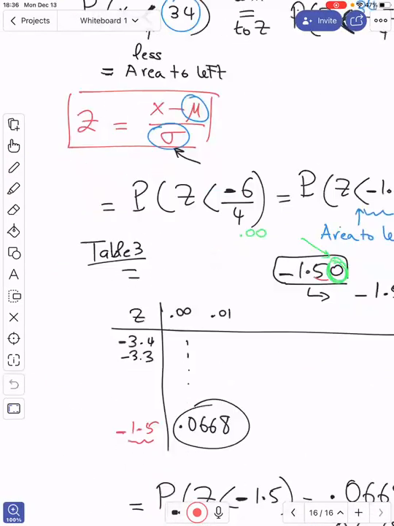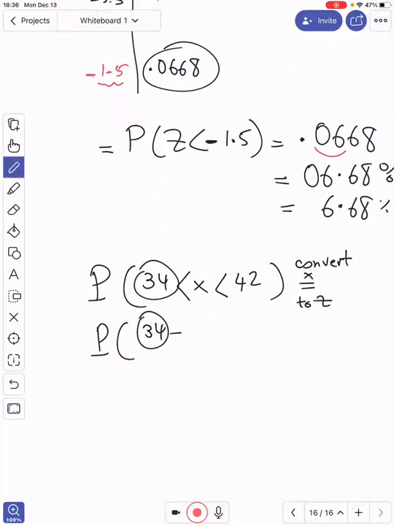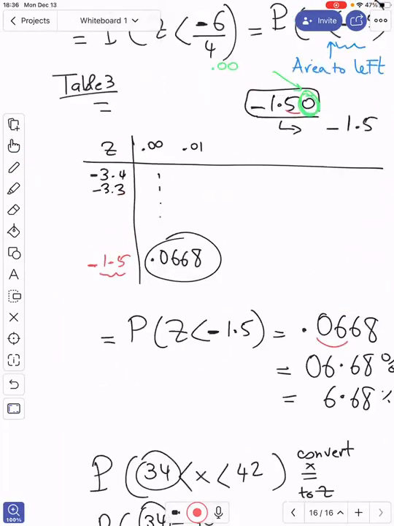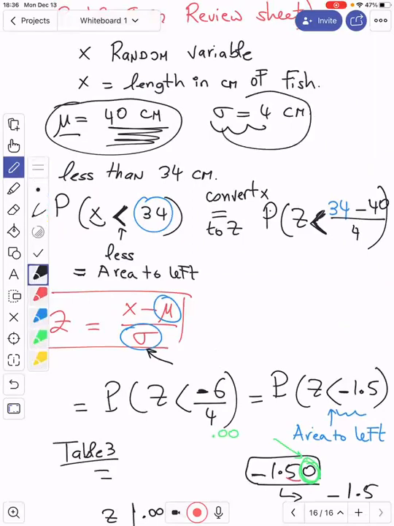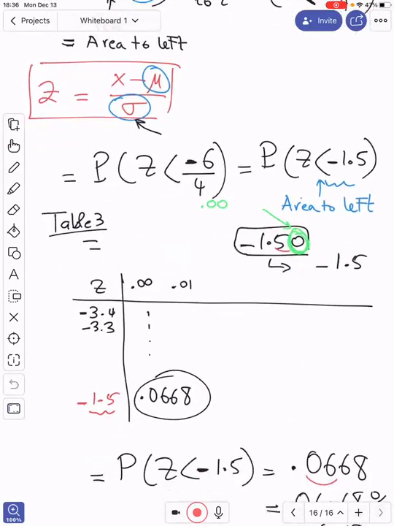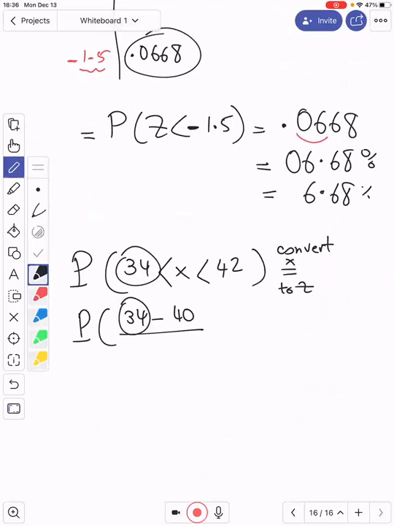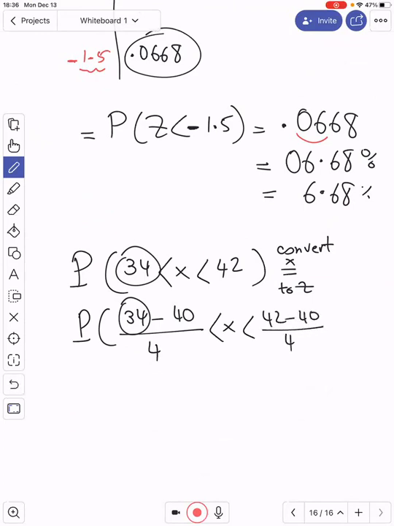So you subtract 40. Okay, and you divide by sigma. In the problem, sigma is 4, right? Right here, here's your sigma. So you divide again by 4. The same thing for the 42, so it's 42 minus 40 over 4.